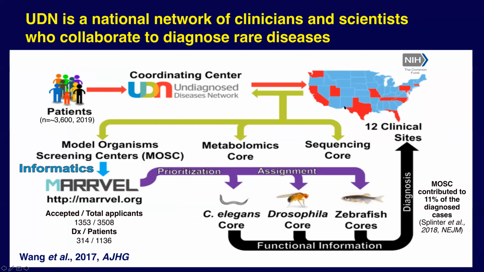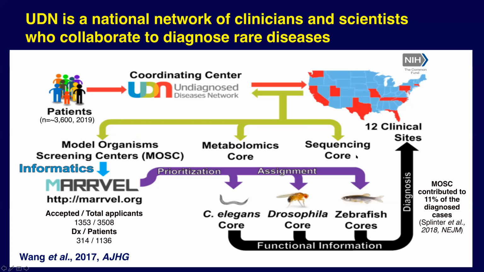And typically they get a workup, a phenotypic workup, and once this phenotypic workup has taken place, they move on to 3 cores, either the sequencing core, the metabolomics core, or the model organism core, to try to help them, obviously, in identifying the cause of this disease.